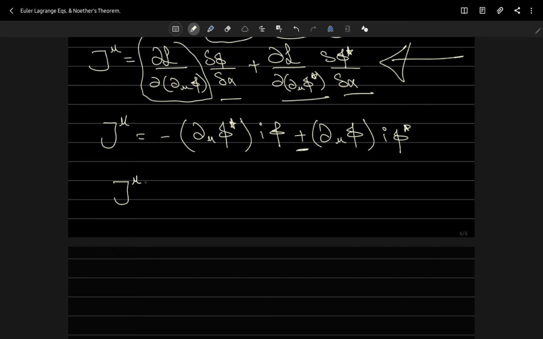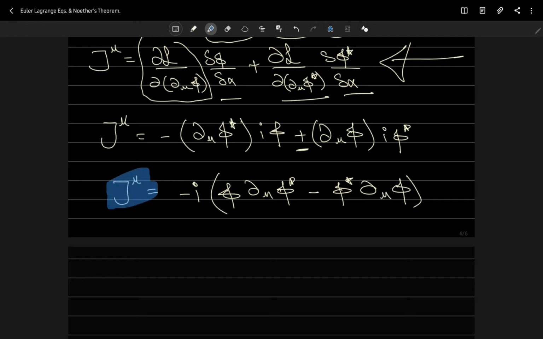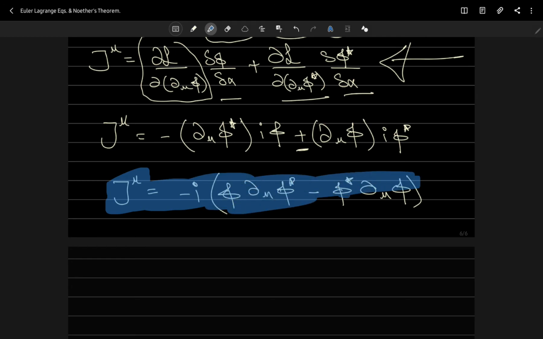So j mu is equal to, we can factor iota outside, and we can factor the negative sign outside. So let's have phi partial mu phi star minus phi star partial mu phi. So this thing is then the Noether's current for your complex scalar field.